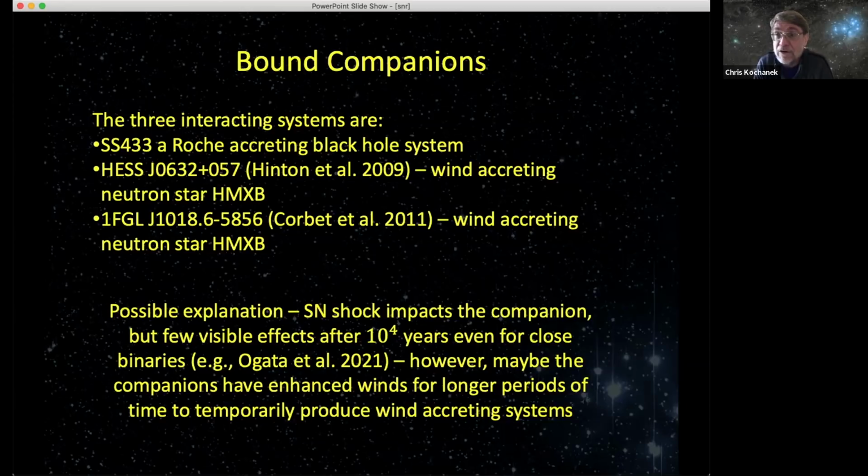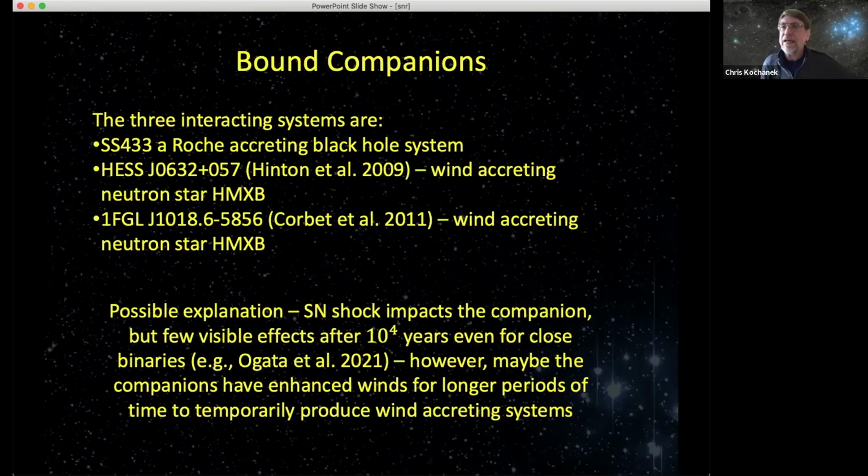And it does require a quite close binary. For example, if you do this with a companion to a red supergiant exploding, you don't really expect to see anything, because the companion subtends no solid angle in terms of absorbing the energy of the explosion. But you can imagine a much more subtle effect, where you get enough heating of the outer layers that it doesn't do anything dramatic, but it essentially enhances the stellar winds for some extended period of time.